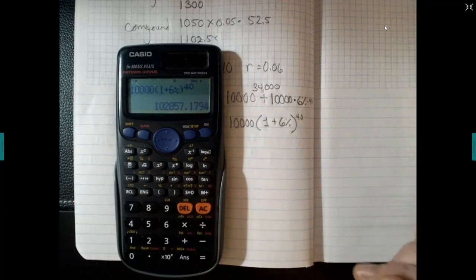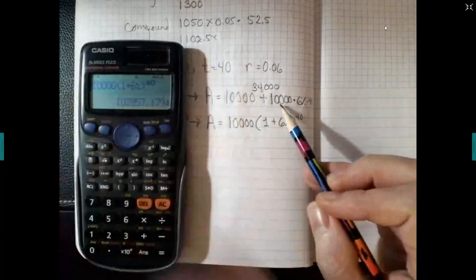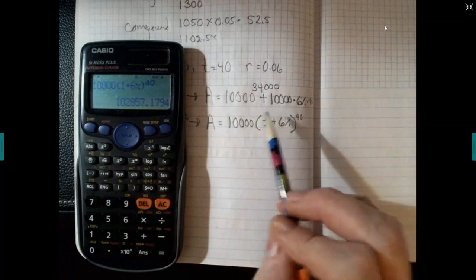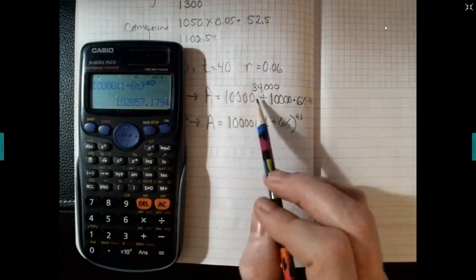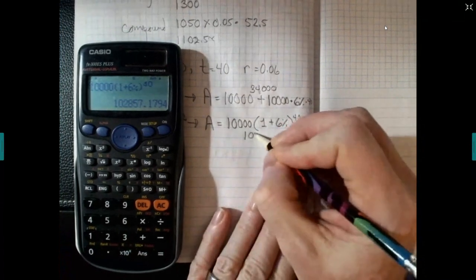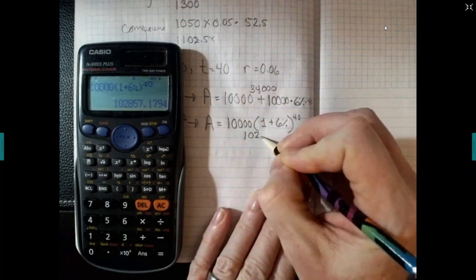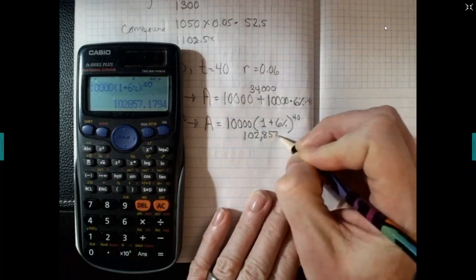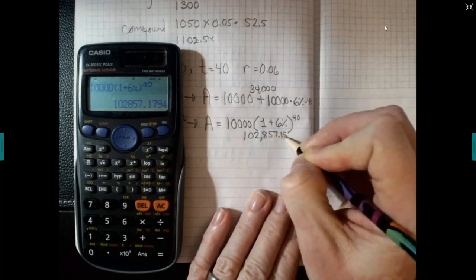Oh my goodness. By looking at the difference between how we compounded versus how we just did simple interest, it would have made a difference of this amount. So we're looking at $102,857.18.